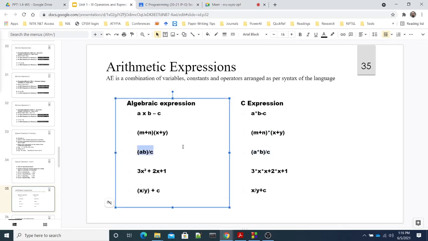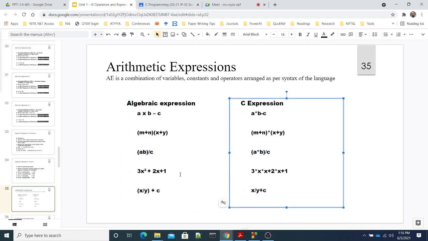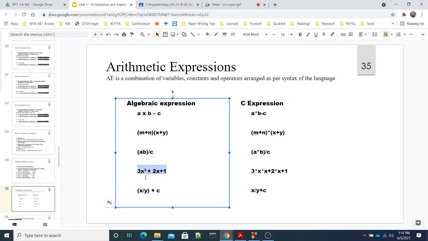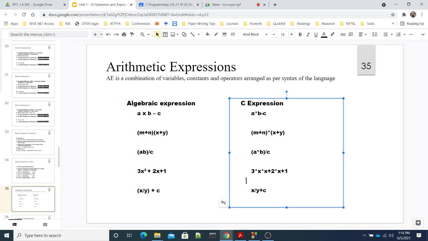If you want to achieve the same task, you should write it this way. In mathematics, we write a quadratic function like this. In C, we have to write like this: 3 into x for 3x squared, 2 into x plus 1.